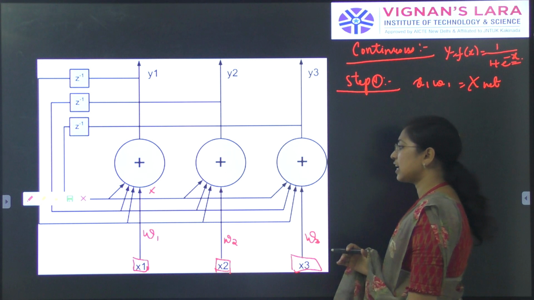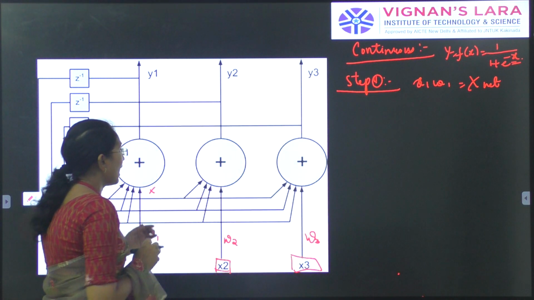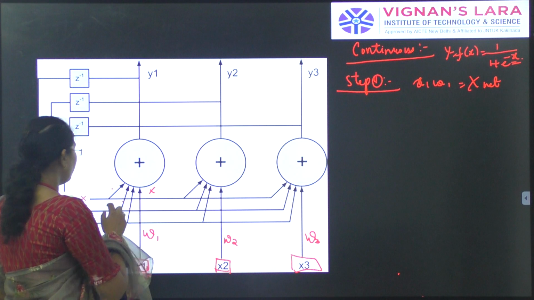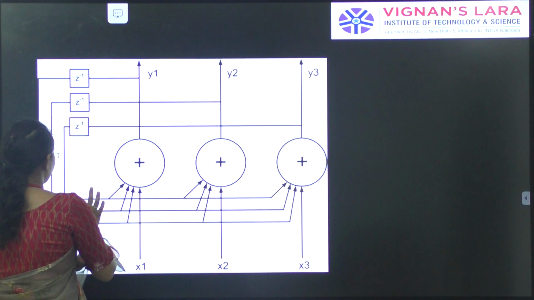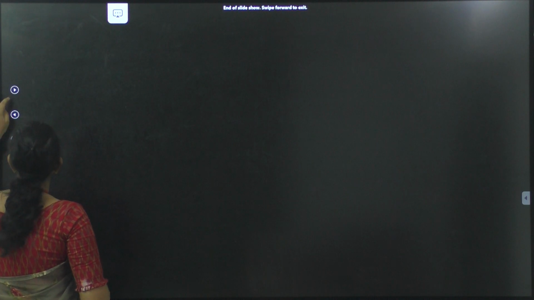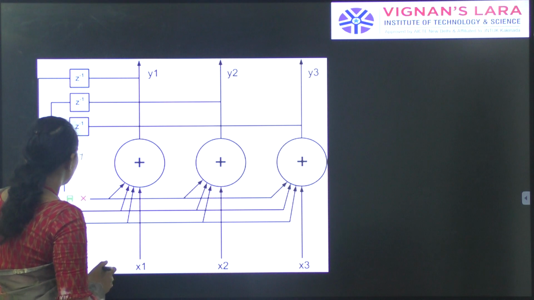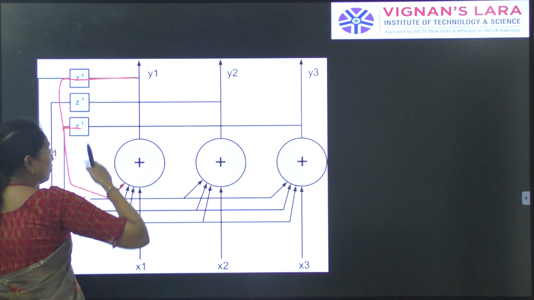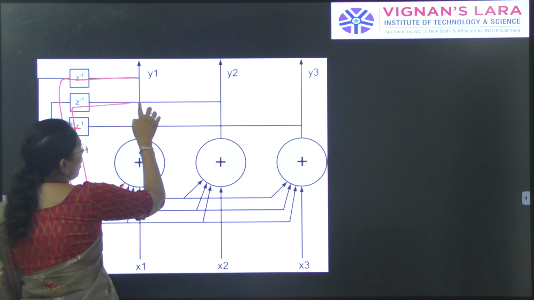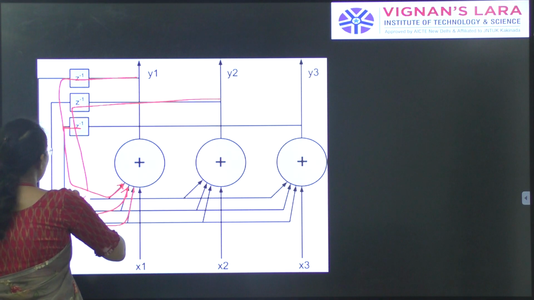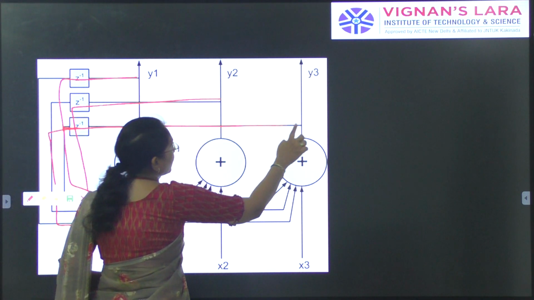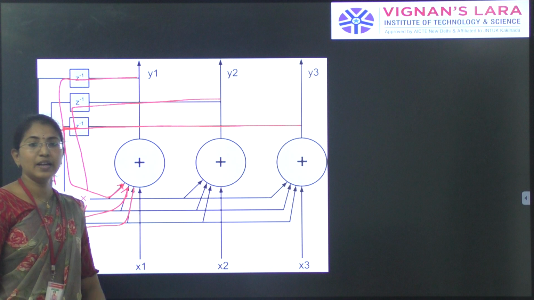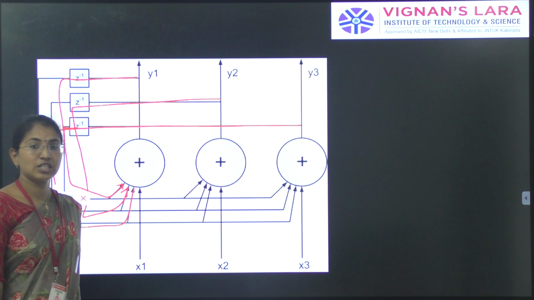As you are not having any outputs at initial condition, all the three inputs, if you clearly observe, the first input is coming from the first output, the second input is coming from the second output, and the third input is coming from the third output.